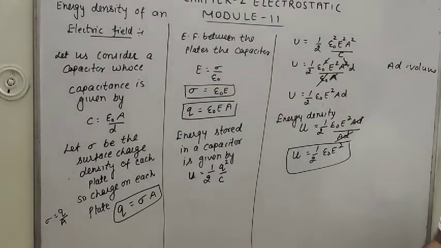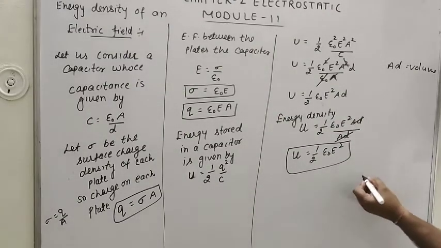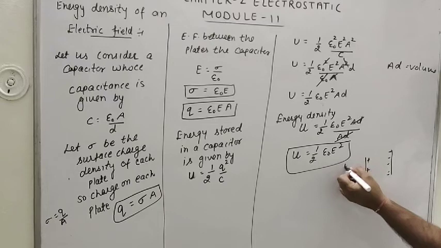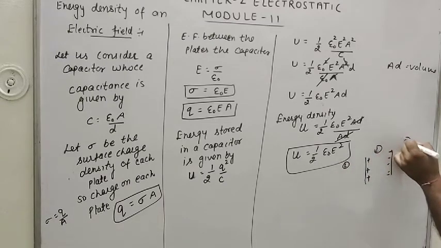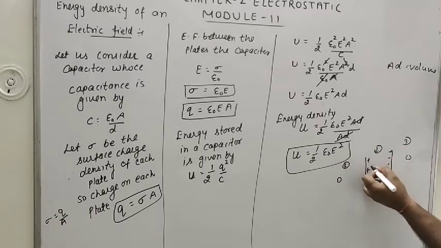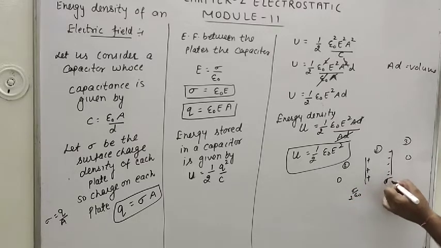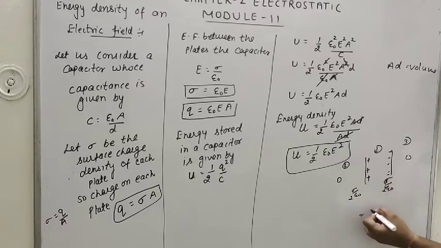Now electric field between the plates of the capacitor we know, because from the Gauss theorem we have described, like we have one positive plate, one negative plate, the first region, second region, third region. In this region electric field is 0. Here one plate gives sigma upon 2 epsilon naught, the other sigma upon 2 epsilon naught, and the net becomes sigma upon epsilon naught.